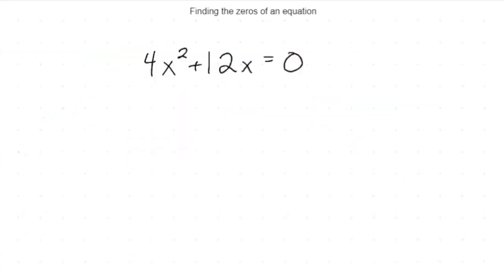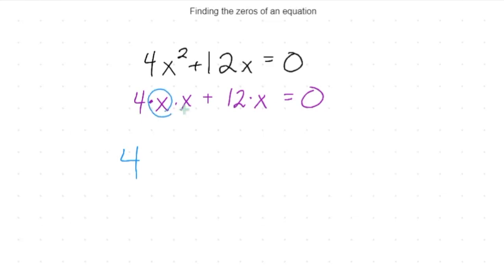Sometimes we may run into something that looks like this. And what we can do is factor it to look kind of like the other example problems we were doing to find the zeros. We're going to think, what is the greatest common factor that these have? Well, we have 4 times x, and we have 12 times x. They both have a 4 in common, and they both have an x in common.